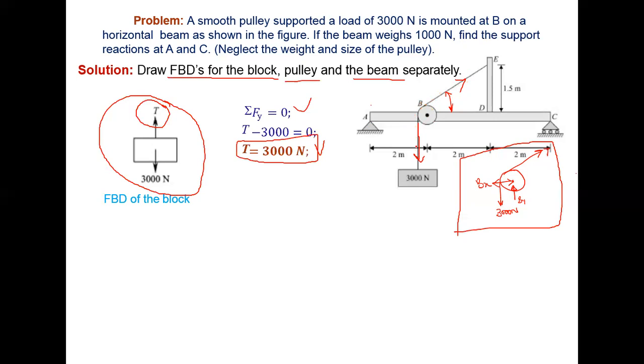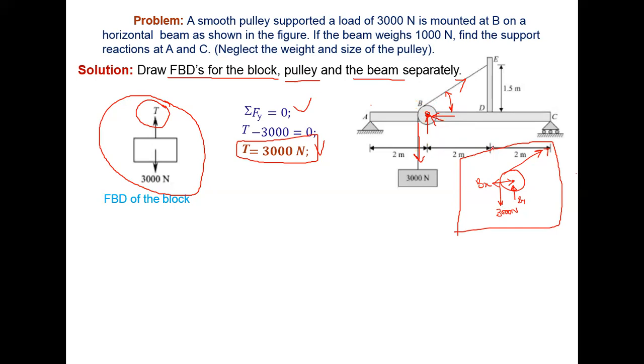Who will support these two tensions? There is a pin joint here, and we know that at the pin joints we get vertical reactions and horizontal reactions. So these reactions are supporting these two tensions. So you will get one horizontal reaction and one vertical reaction at the pin support, and two tensions. In this way you can draw the FBD.